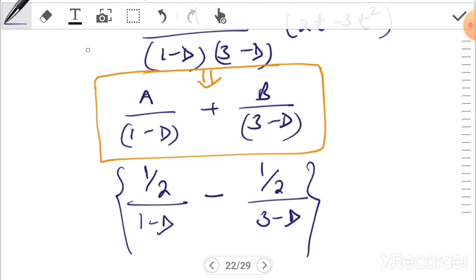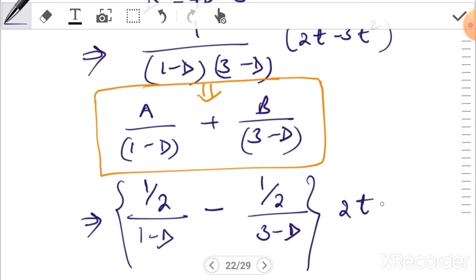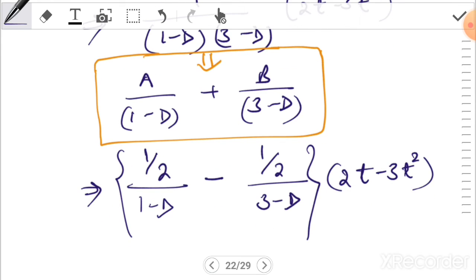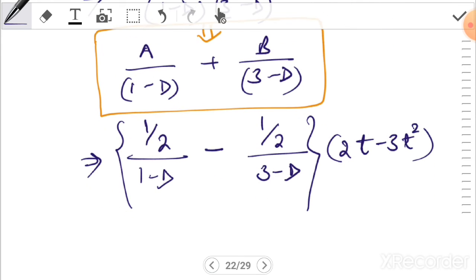Okay, so this operates on 2t minus 3t square, right? Now this can be written as, if I take 3 common here, 1 minus D by 3.